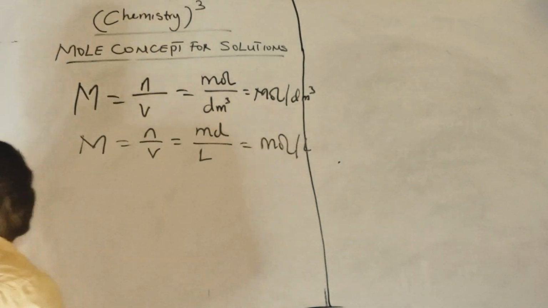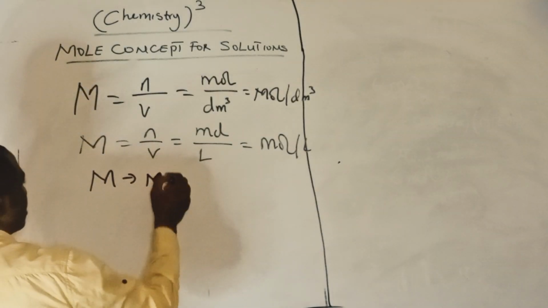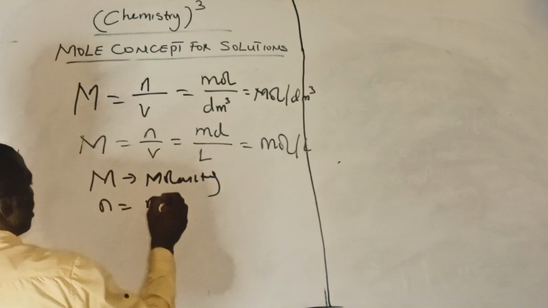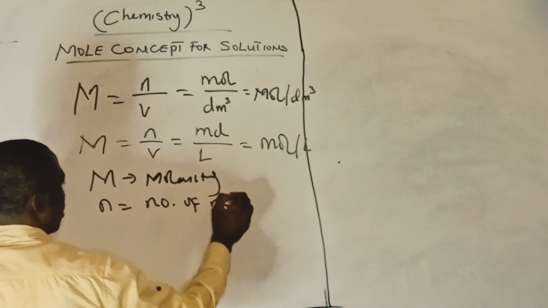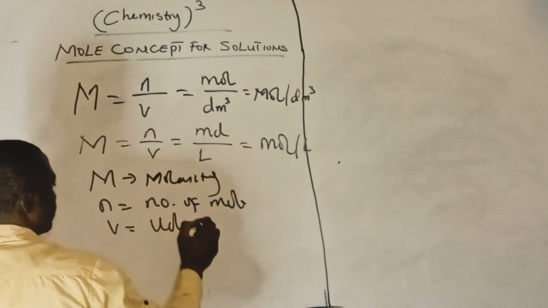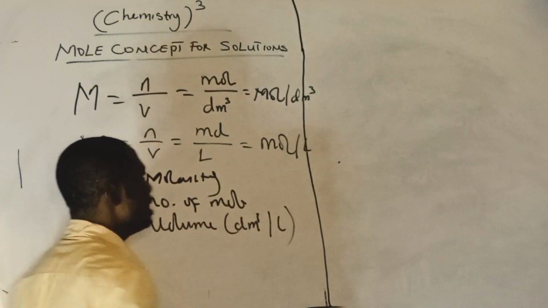Meanwhile, we need to understand that this capital M is known as molarity, and the N is the number of mole, and then we have V to be the volume in dm³ or in liters.